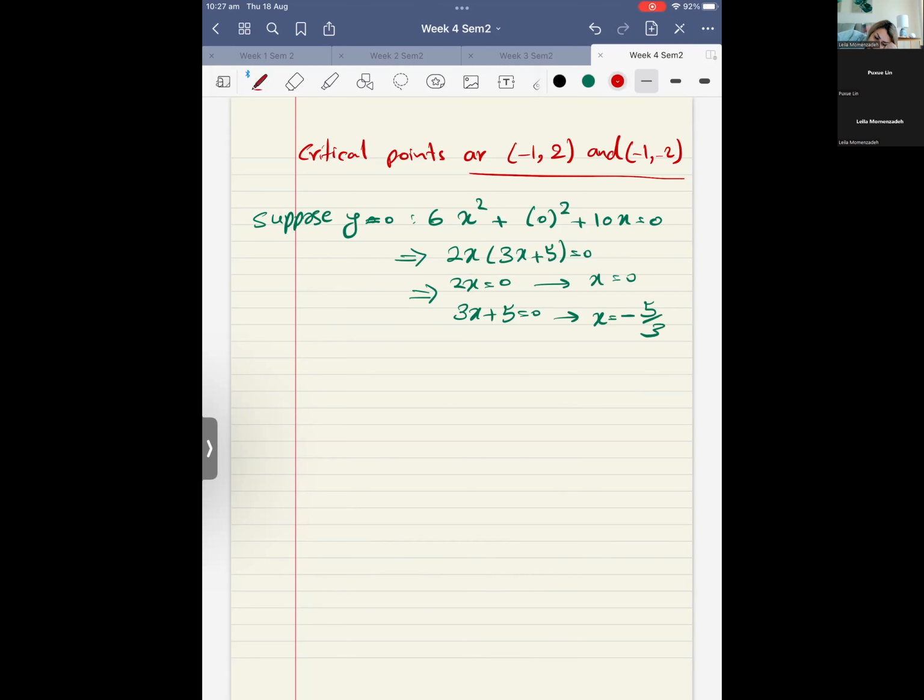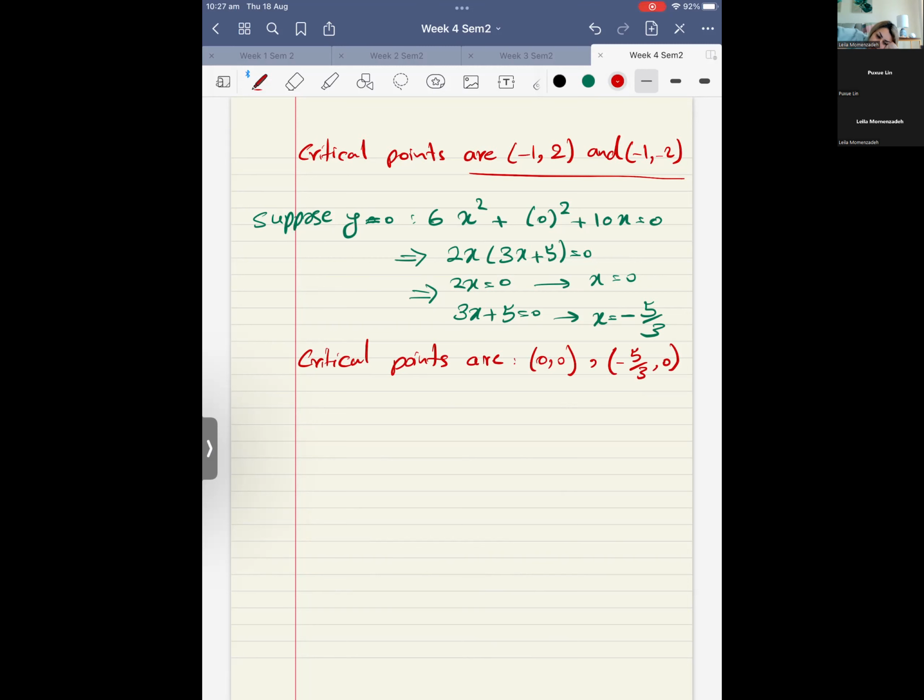You find two critical points again: (0, 0) and (minus 5 over 3, 0).